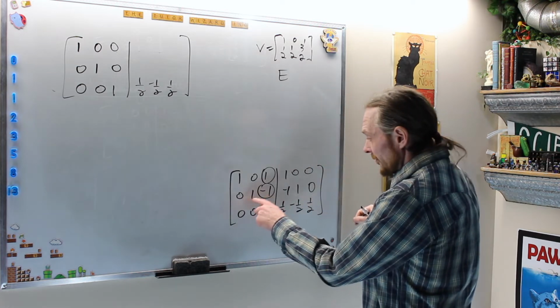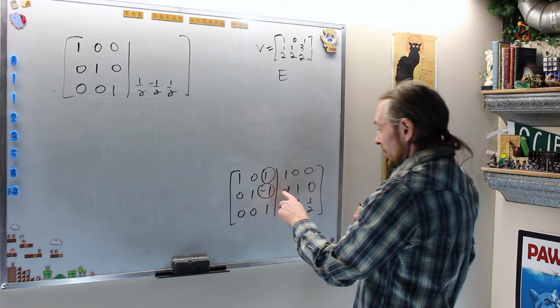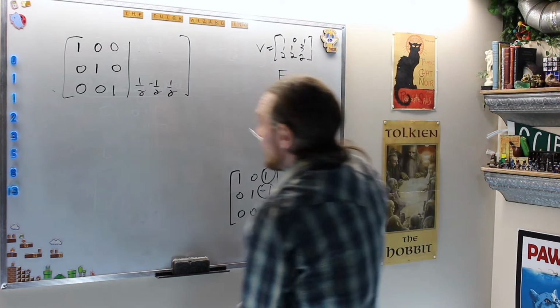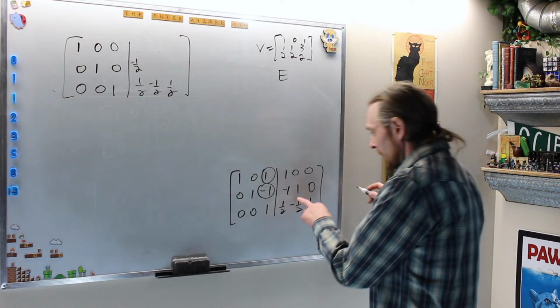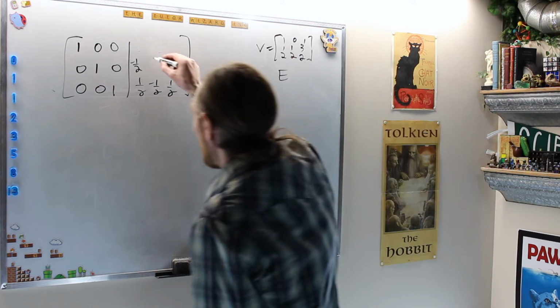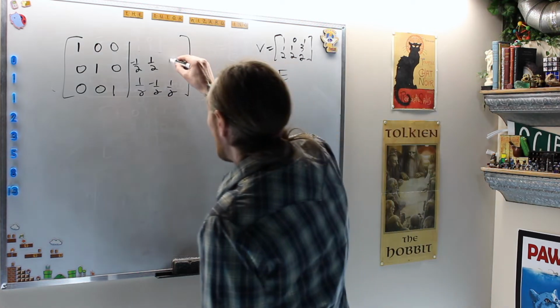So in the first move, we're adding. Minus 1 plus 1 is 0. Negative 1 plus 1 half is negative 1 half. 1 plus negative 1 half is 1 half. And 0 plus 1 half is 1 half.